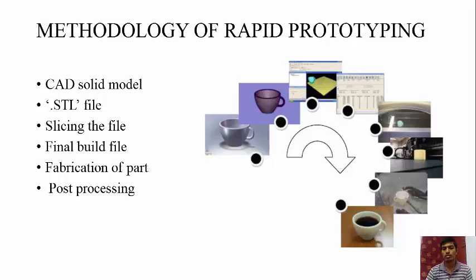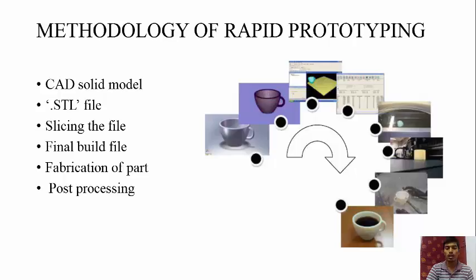CAD solid model is nothing but, as I told before, a process of designing or giving a shape of any product that we have in the mind using the softwares like CATIA or Pro E, etc. These solid models are in the IGS forms, and should be taken to the next level, where these IGS forms are converted into STL files.